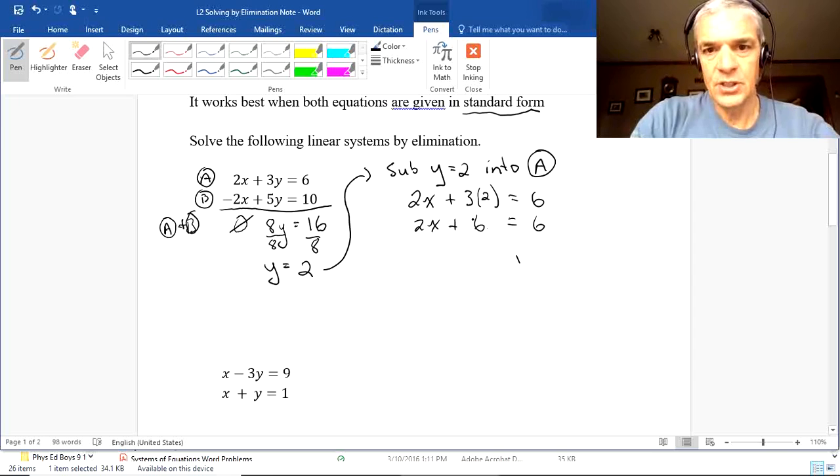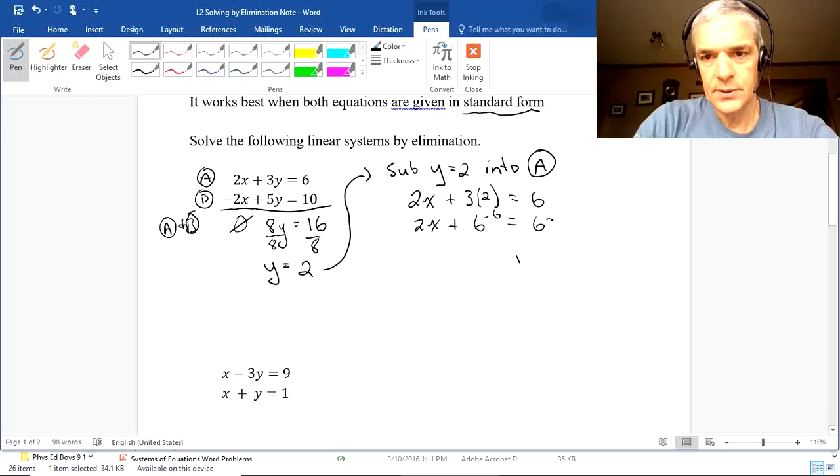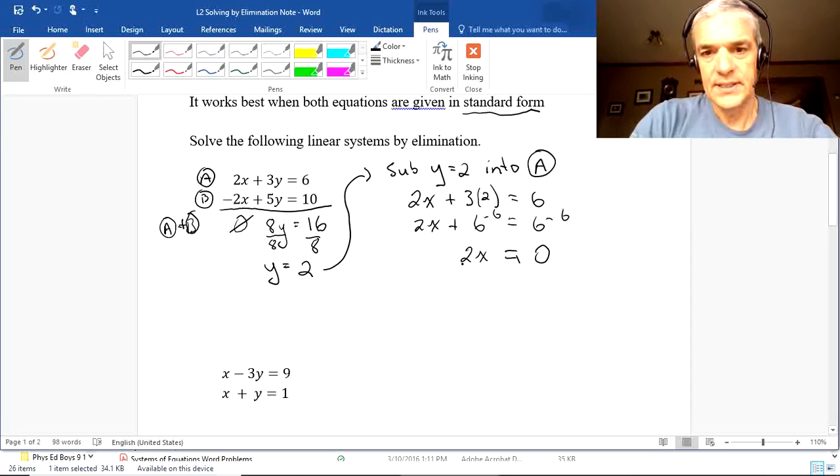Now I'm going to solve for what x is. Subtract 6 here, subtract 6 here. That leaves me with 2x equals 0. Wow. What's x equal? Well, divide both sides by 2. X equals 0 divided by 2 is 0.